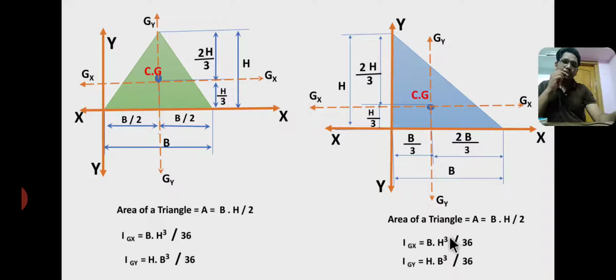The same formulas apply for a right angle triangle, but the centroid lies at a distance of 1 by third of base from the right angle corner and 1 by third of height from the right angle corner, as well as 2 by third of base from the sharp corner and 2 by third of height from the top apex point.